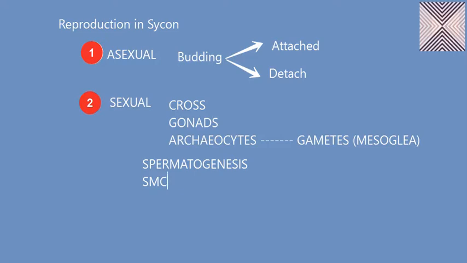Now when the SMC is covered with the cover cells, both make the spermatocyst. The structure which is formed with the SMC along with its cover cells is called the spermatocyst.